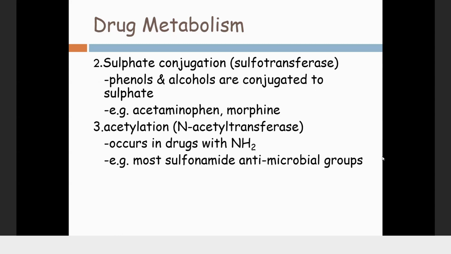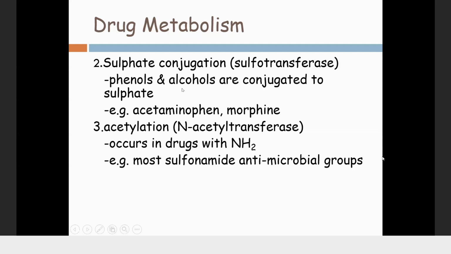Sulfate conjugation: the enzyme involved is sulfotransferase. Mainly phenols and alcohols are conjugated to sulfate. Drugs that undergo sulfate conjugation are acetaminophen and morphine.